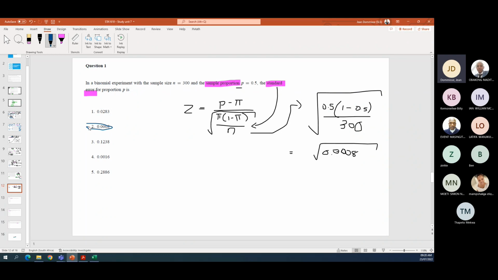So just be careful in the exam that you're not in a hurry, because you're pressed for time, you do your first step and you see there's an answer, and you pick it. Just be very careful in the exam that you don't make that mistake. So it is not that yet. We need to get the square root of that.